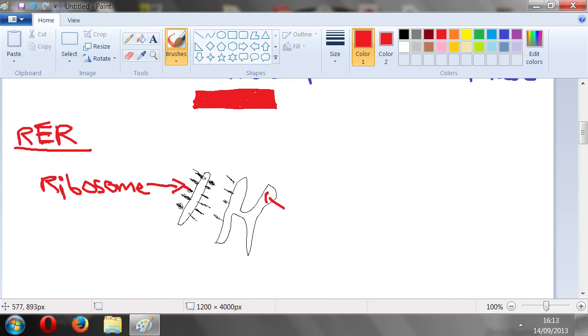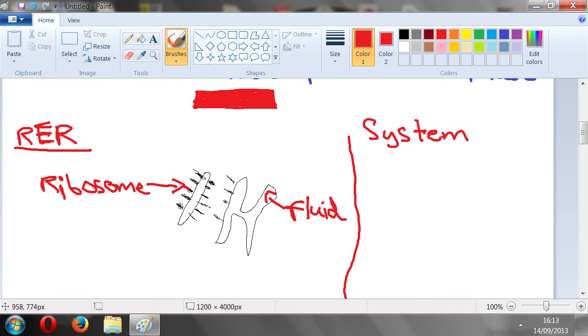This is just like the fluid. And I could almost actually just put it on the side. I may as well mix things up a bit. So we could say it's a system. So that's always a good word to use.